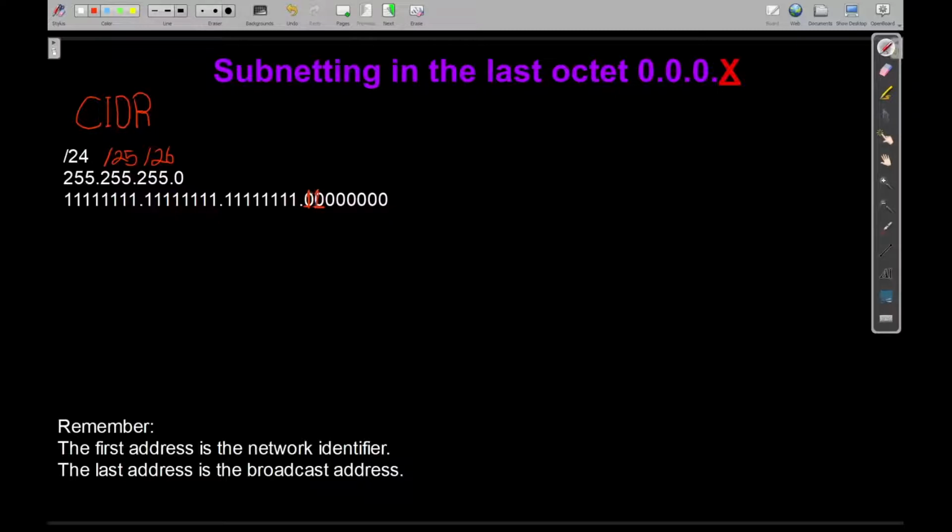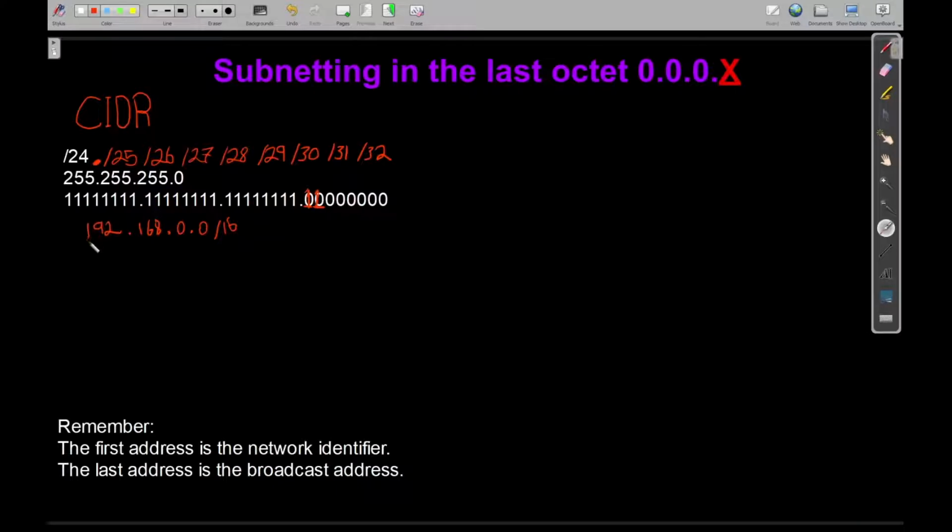Now, if you're wondering why we might need to do that, we don't always need a network that has 256 addresses on it. Sometimes we need a network that only has 16 on it, or 8, or 32.